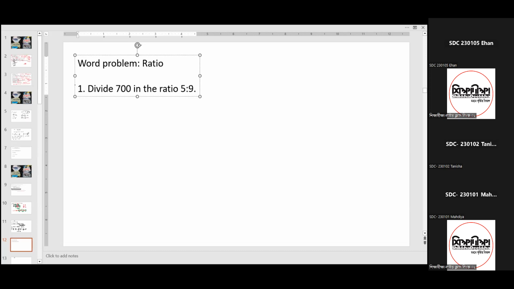So we have two different methods for this. Given ratio is 5:9.